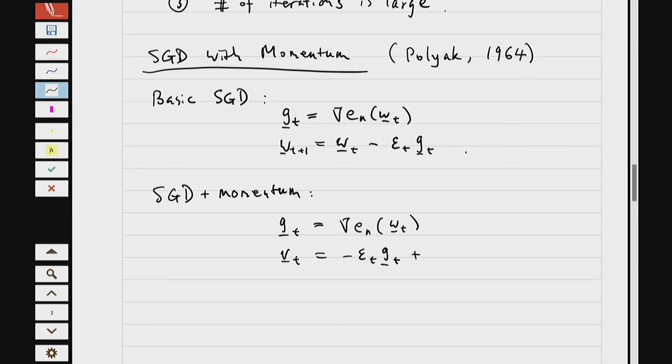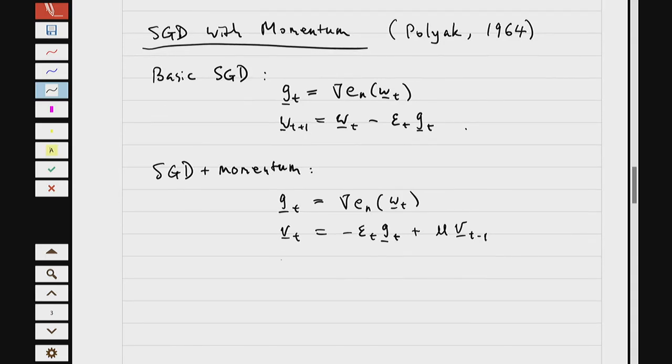But now you also take a discounted version of your previous velocity, v_{t-1}. And then your new location would be the old location plus the velocity. You think about w as the location of a ball, v is the velocity, and that g part would be kind of the acceleration.